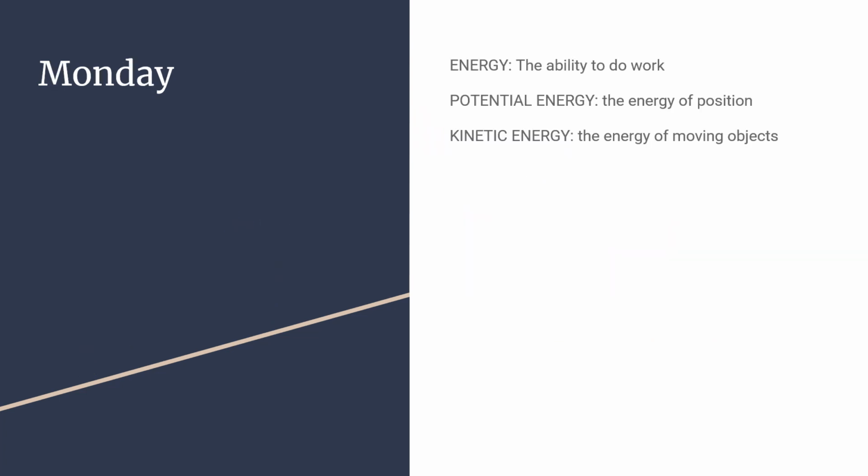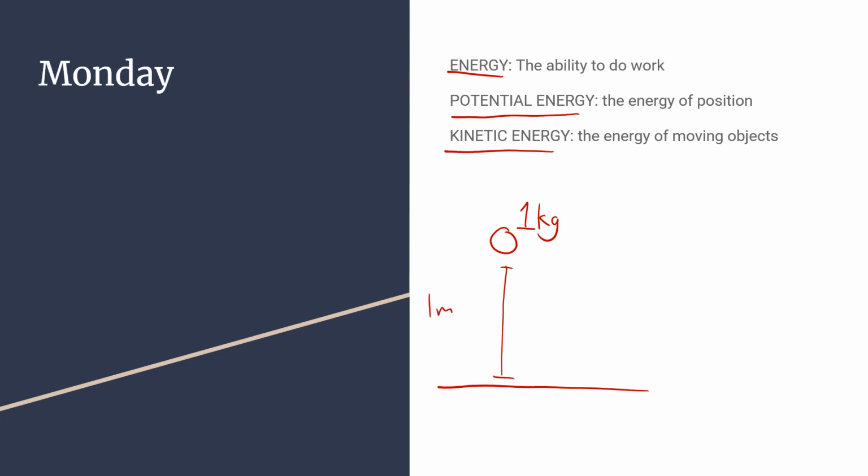Three important definitions to know. First of all, we have the definition of energy, and we have the definition of potential energy and kinetic energy. So if we were to examine what we're talking about here, this goes back to a lab you did in class where you had an object. Now this object that I'm looking at, let's say it's a stone or a rock, has a mass of 1 kilogram. That mass is above the ground at a height of 1 meter.